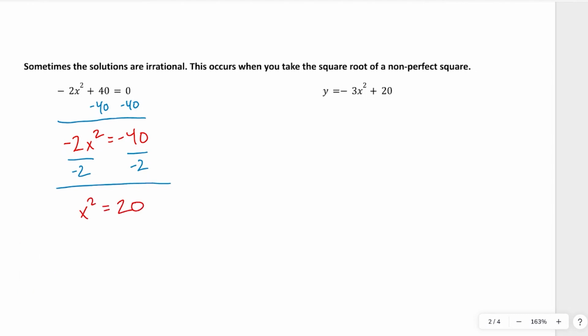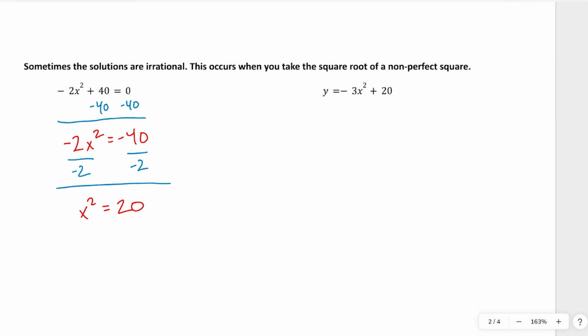Now 20 is not a perfect square. 3 squared is 9, 4 squared is 16, and 5 squared is 25. Now 20 is in between 16 and 25, so we know the square root's got to be somewhere in between 4 and 5. We just don't know exactly what.